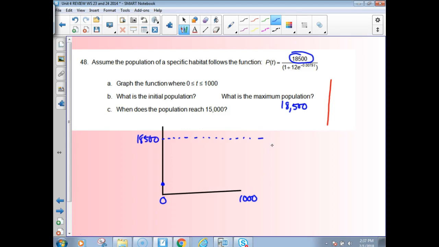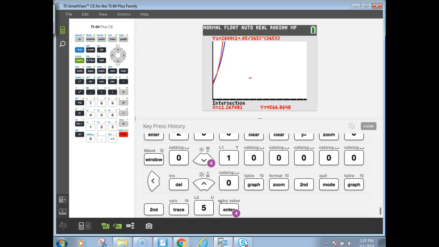Then you need to pick what you want your range to be. I have 0 to what? What do you think? What should the top be? 20,000 would be fine. You could do 19,000 if you want. It's just got to be something bigger than that, right? So say I did 20,000 just for simplicity.